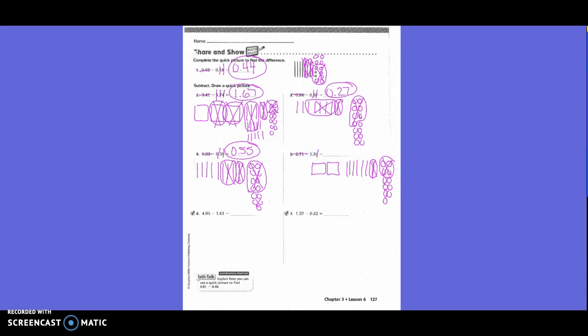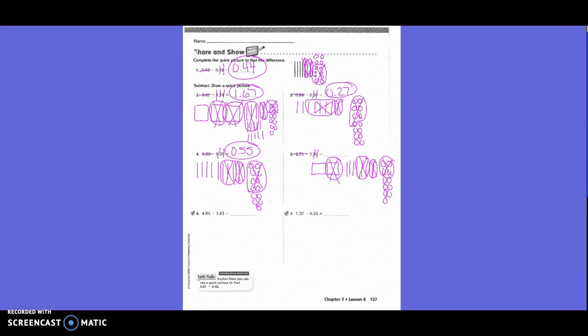Can we take away 3 longs? Yes. So 3 longs, cross them out, and we took care of it. Can we get rid of 1 flat? Yep, circle it, cross it out.